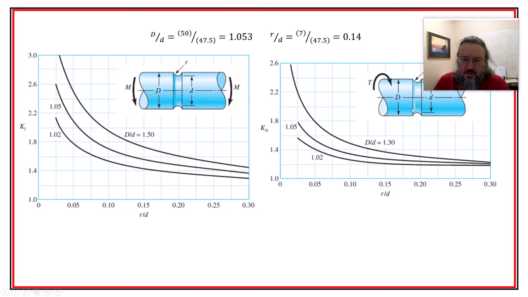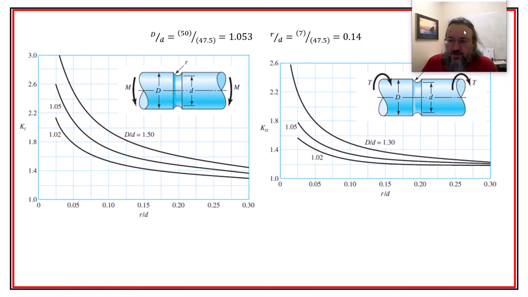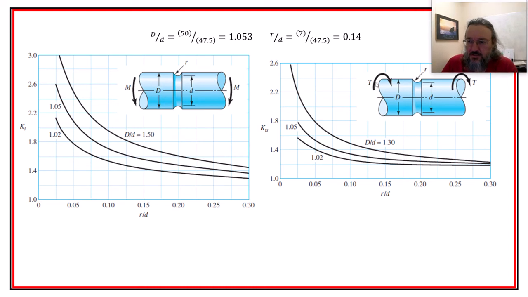Anyway, so here they are on the stress concentration chart. I'm using 1.05, so we have 1.05. We have that curve pretty close to it, and we have 0.14. So hereabouts is what I'm coming up with on that one, and hereabouts for here.